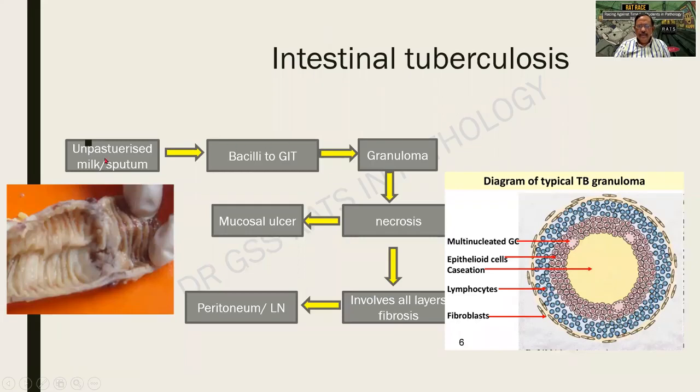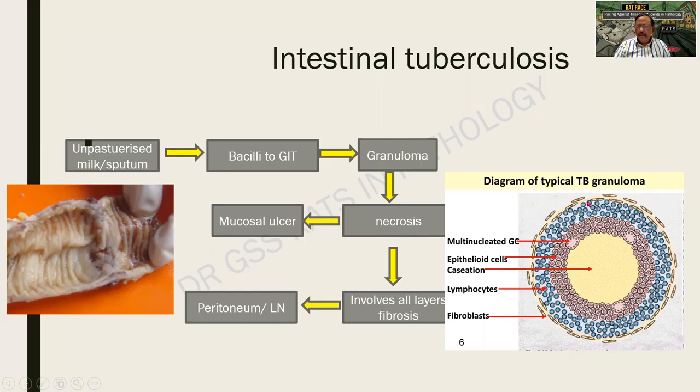See what happens. There is unpasteurized milk. This is gone long back, but still, or the sputum that can be ingested when it is coughed out. These are the sources for the bacilli to the GIT. And it results in histologically a granuloma, which will develop necrosis, and the overlying mucosa shows ulceration.